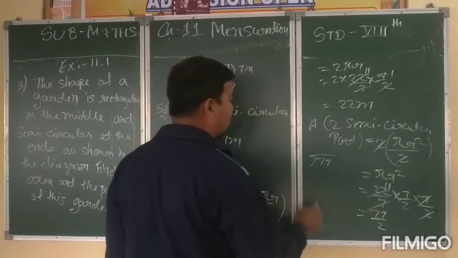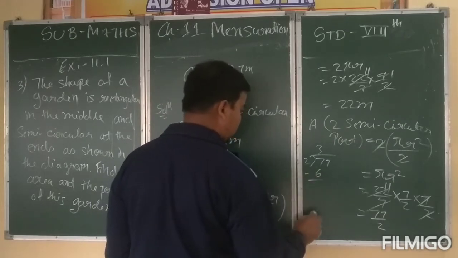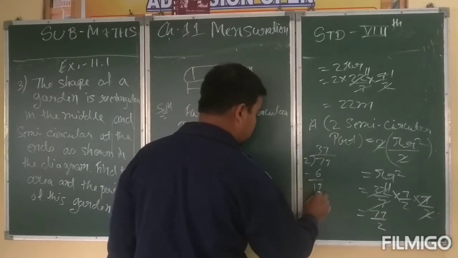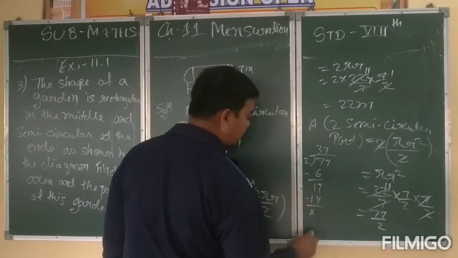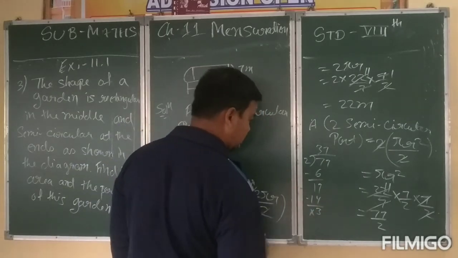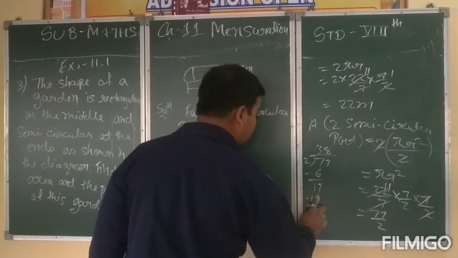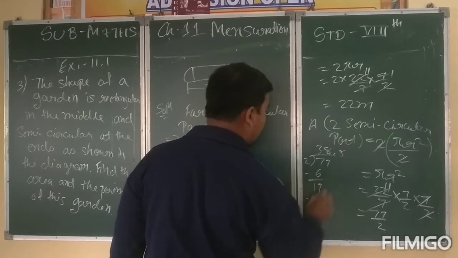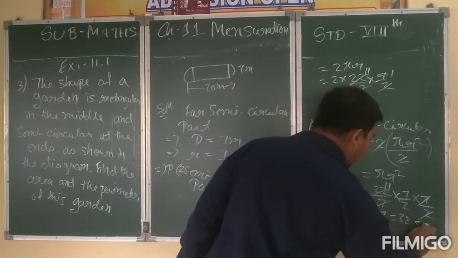77 divided by 2: 2 3 is 6, 1, 2 7 is 14, 7 is 4 5 6 7 3, 2 is 16, so 38.5 meter square.